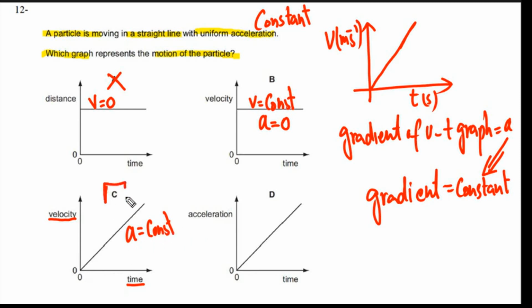So this is our answer. But if we look at D, this is telling us that acceleration is not uniform, it is non-uniform, increasing with time. So D is not the answer. Our answer for this question is C.